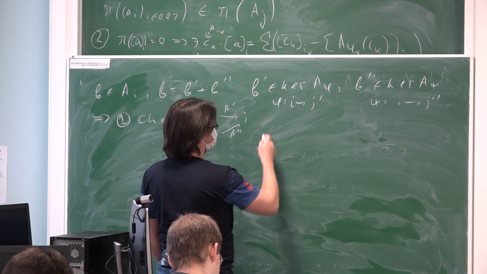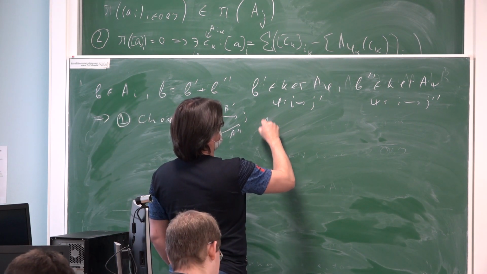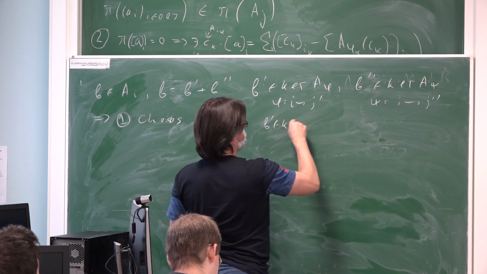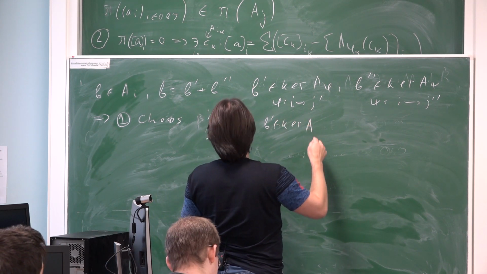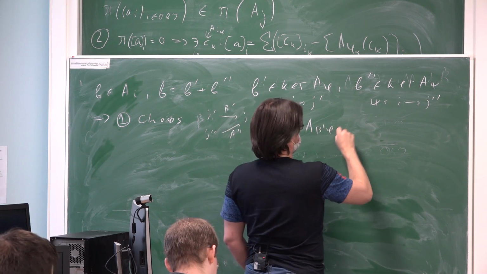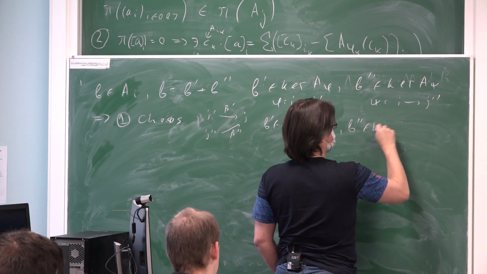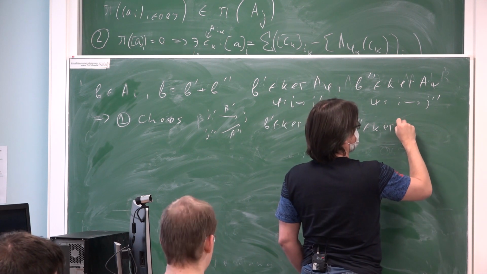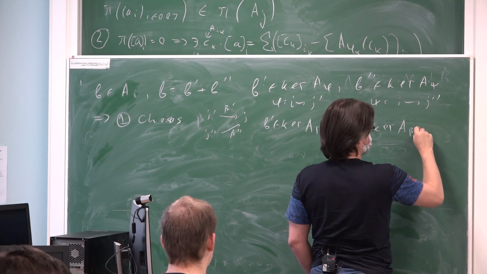Then we obtain that b prime lies in the kernel of A beta prime phi, b2 prime lies in the kernel of A beta2 prime psi.